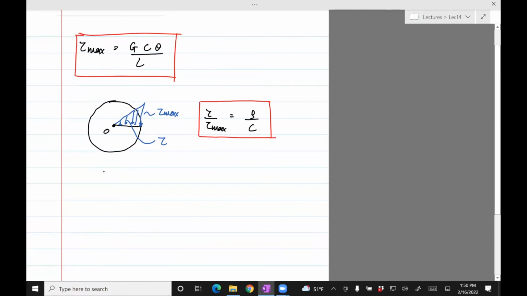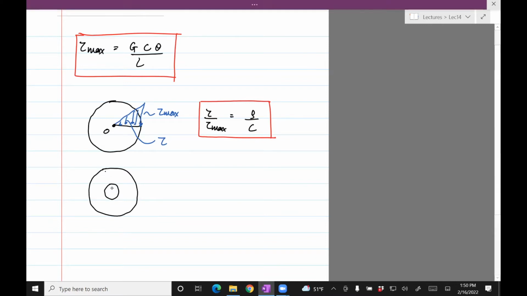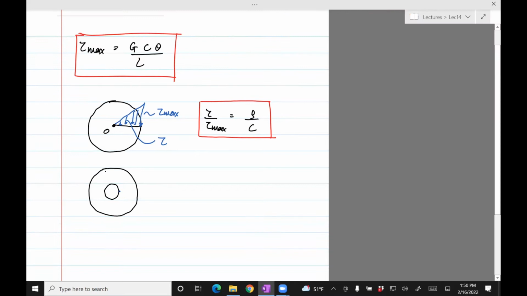If you have a circular hollow shaft, say something like this, then the stress will look something like this. This will be tau max. This will be tau min. It's not equal to 0 because of the way the shaft is.